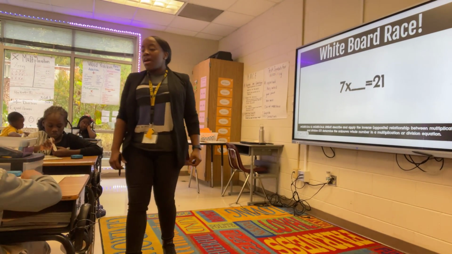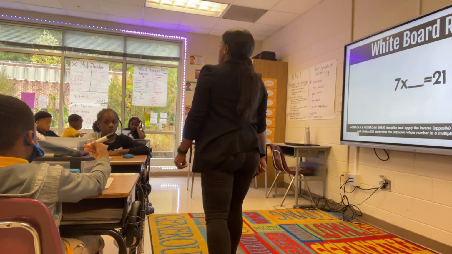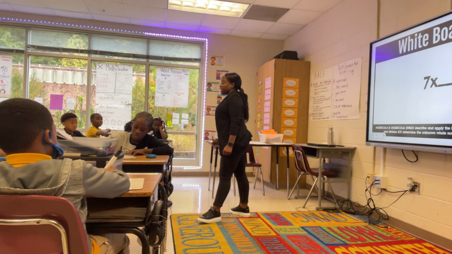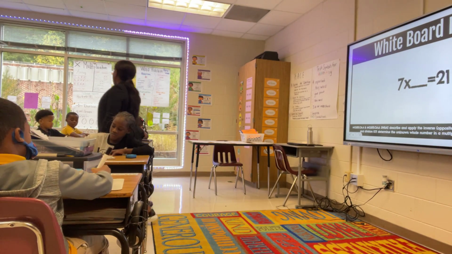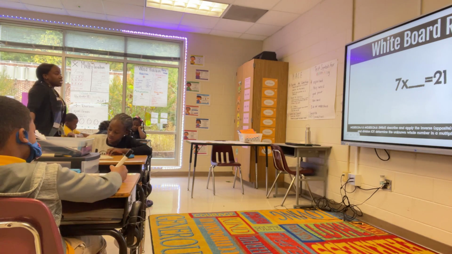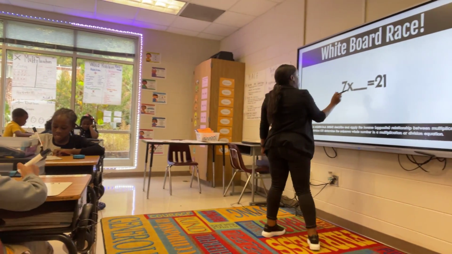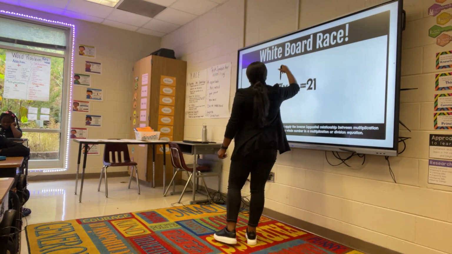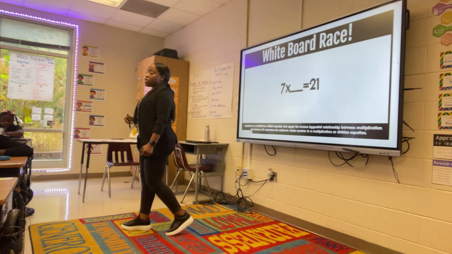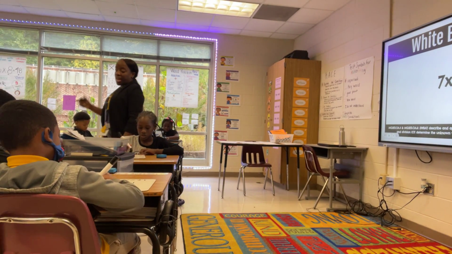We are going to write in 5, 4, 3, 2, 1. Let's work it out. We are applying the inverse operation. We are going to look at that sign, and we are going to determine what should we do, because this sign tells us that we need to multiply. So what is the inverse operation of multiplication?